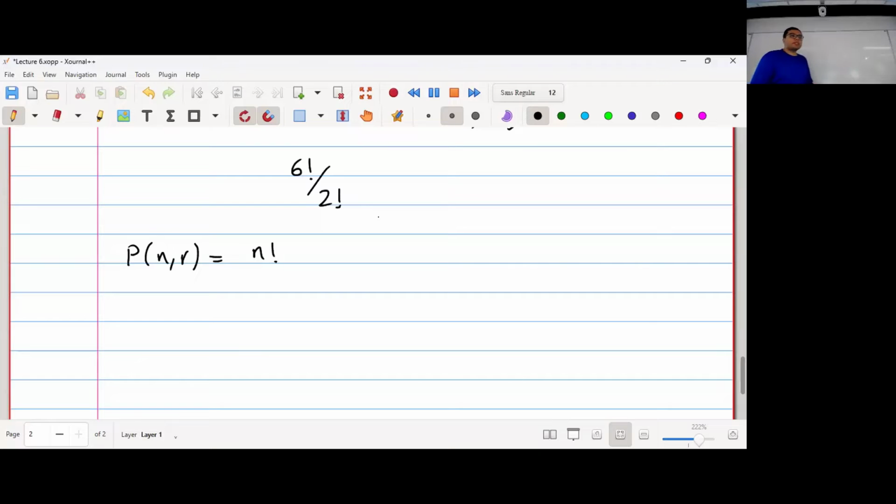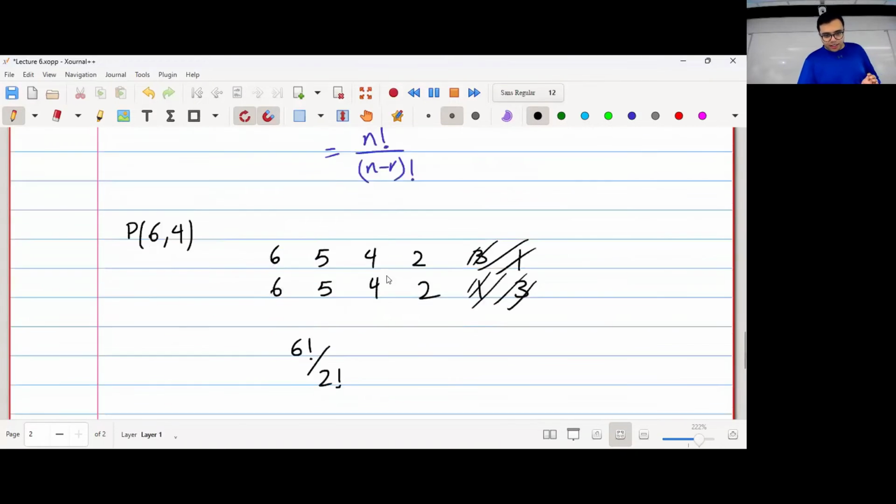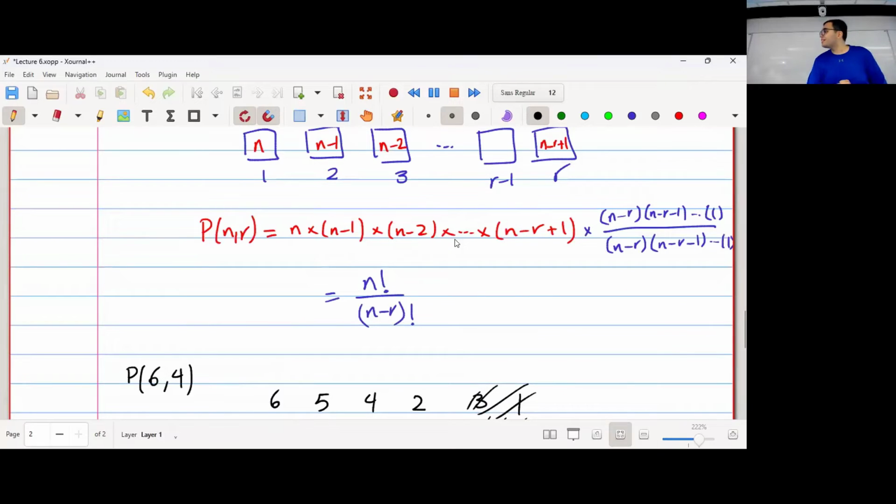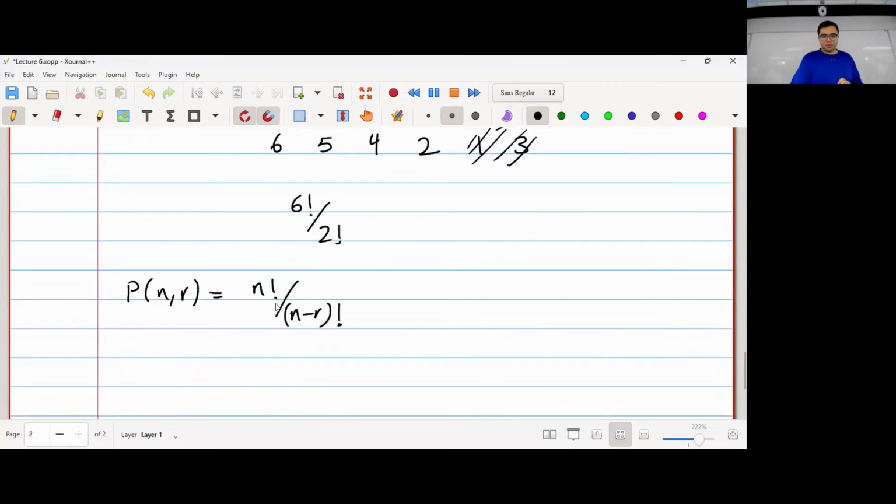But now the problem is that for every group of r people, for every permutation of r people that I'm keeping, I'm actually counting it n minus r factorial ways, right? So I just have to divide this by n minus r factorial, which is, again, exactly the same formula that we had here. Okay, so we could get this by an algebraic manipulation, or we could get it by just being a little bit more careful about how many times we are counting every solution.